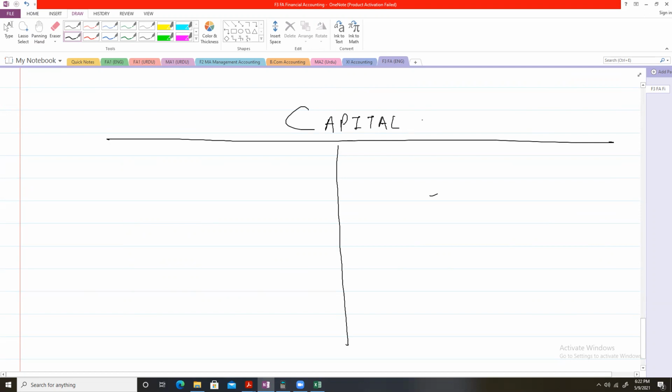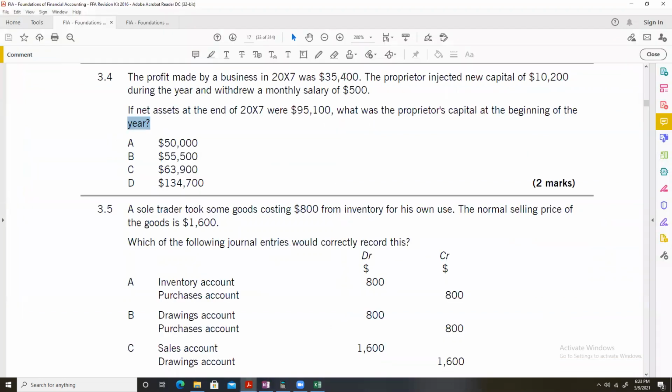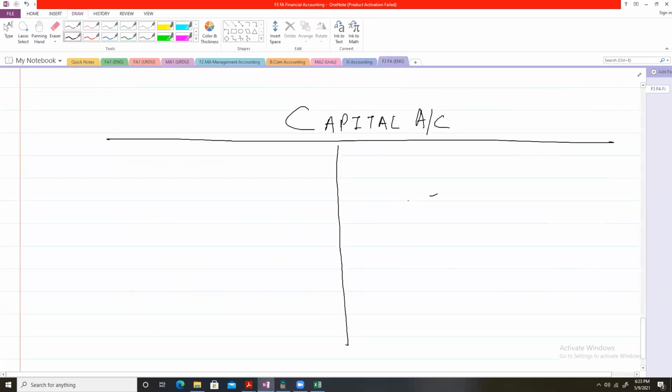This is the capital account. Profit is how much? 35,400.